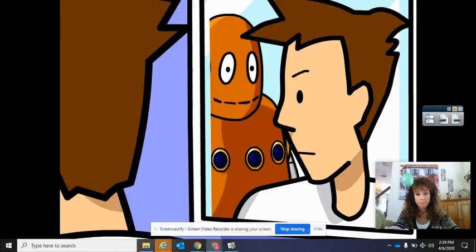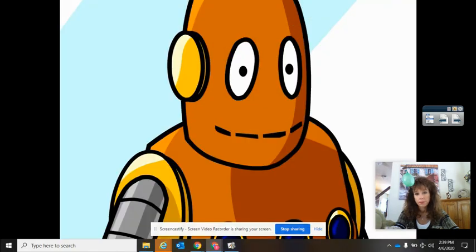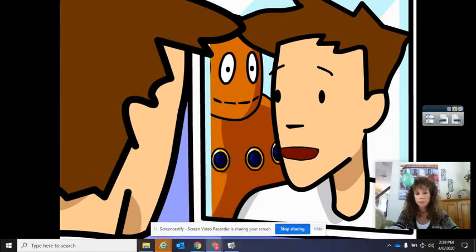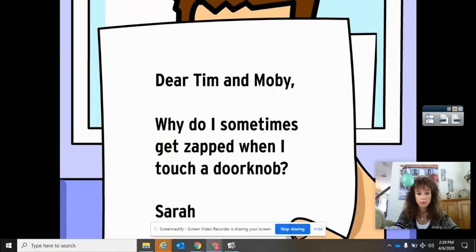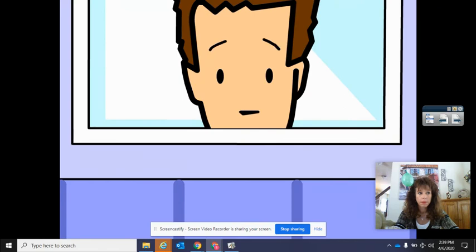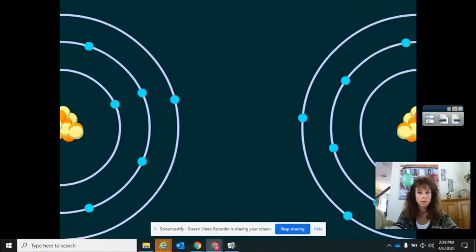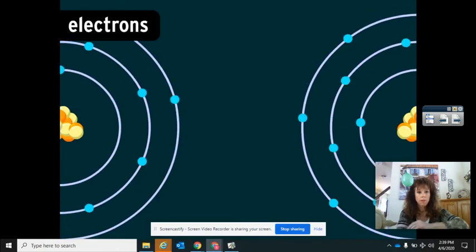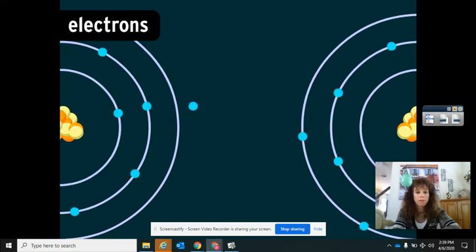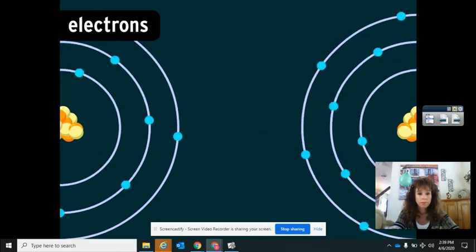Ow, why'd you do that? Oh, thanks, I guess. Dear Tim and Moby, why do I sometimes get zapped when I touch a doorknob? From Sarah. That's an example of static electricity. Electricity is when electrons, the negatively charged particles in an atom, move from one place to another.